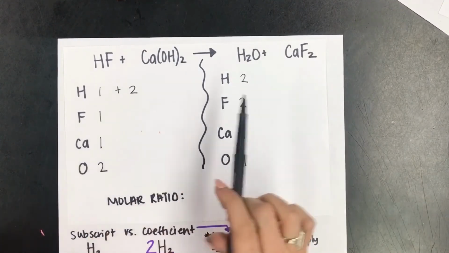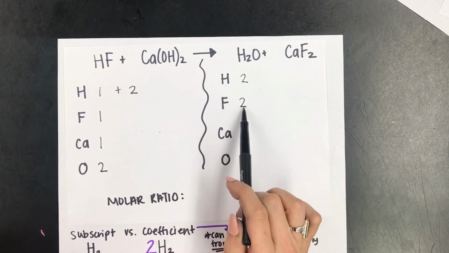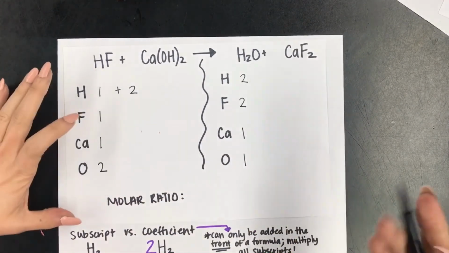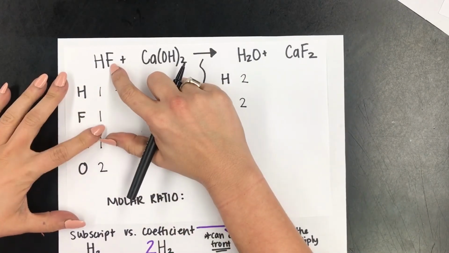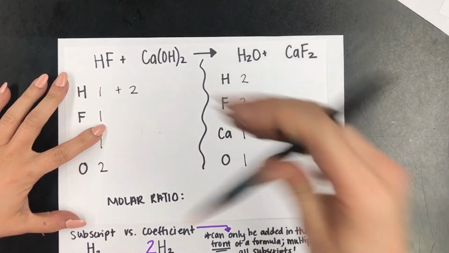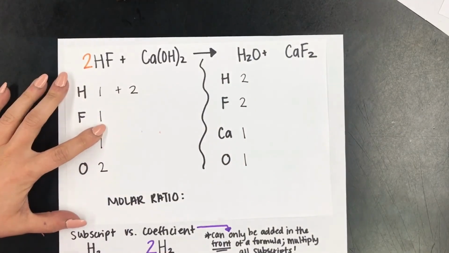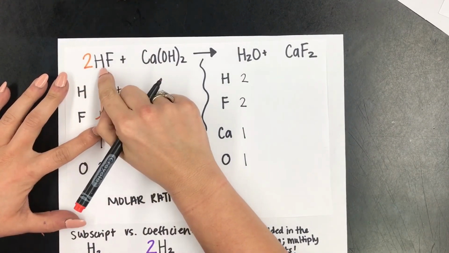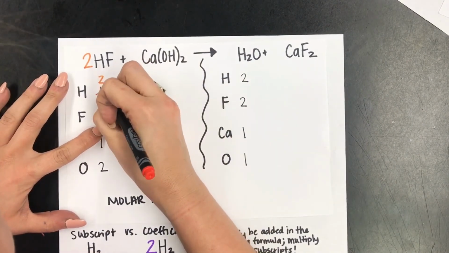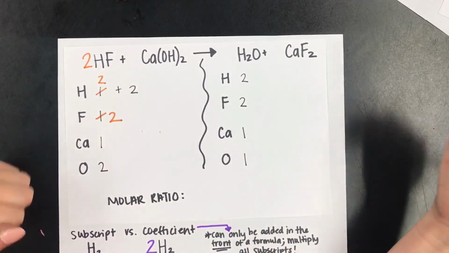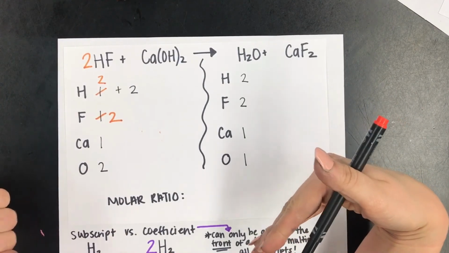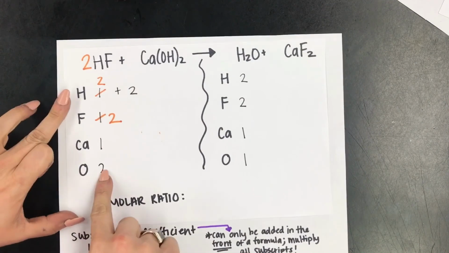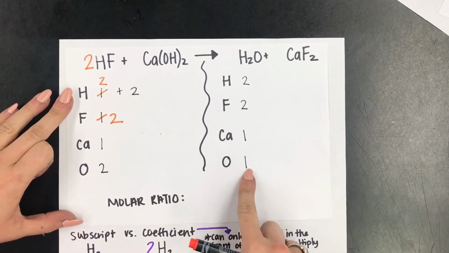So we have 2 fluorines on this side. What number can I multiply here? 2. Find fluorine here. That means that this coefficient is a 2. 2 times 1, 2. 2 times 1, this hydrogen will be a 2. All right, so now let's see anything else that's uneven. Again, avoid hydrogen until very last. We have an oxygen here. 2 on this side, 1 on this side.